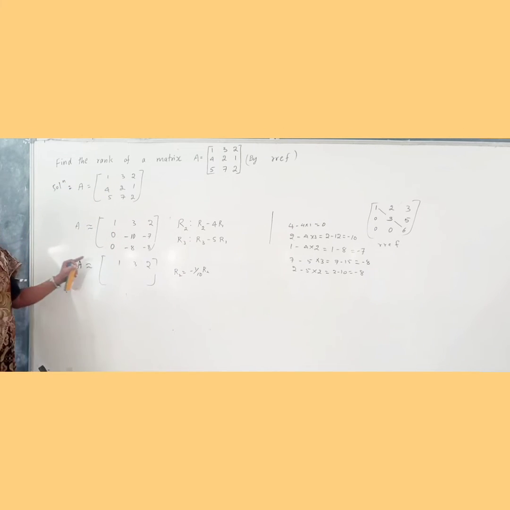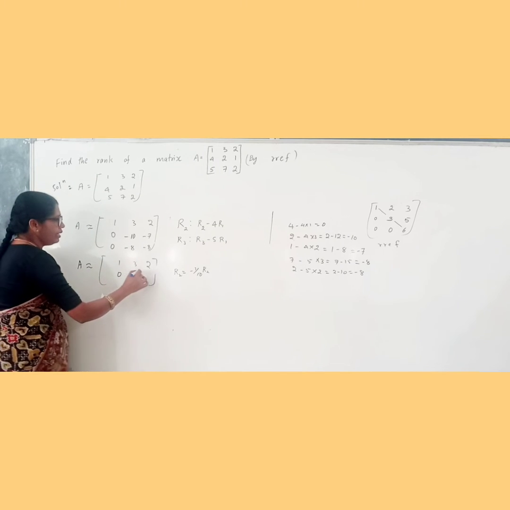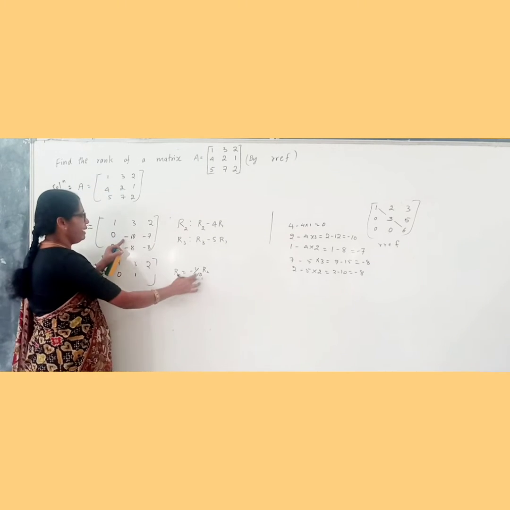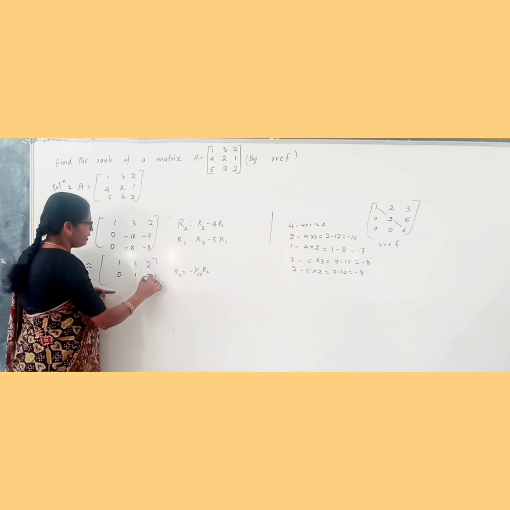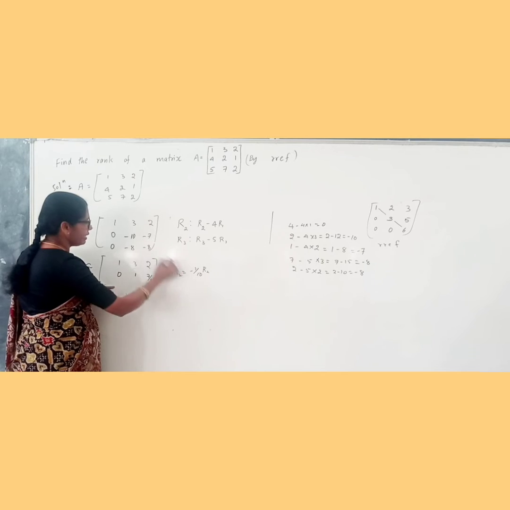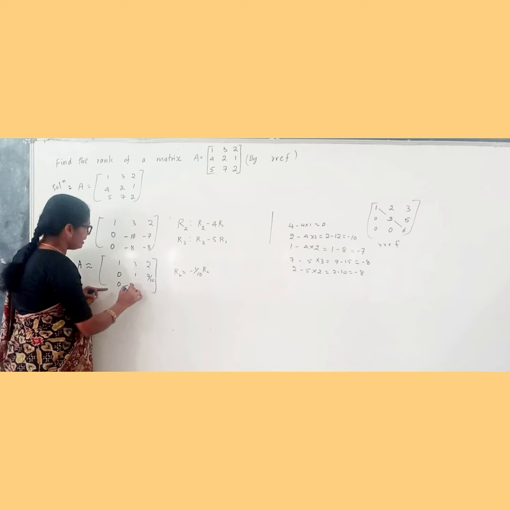So it becomes 0, 1, because minus 10 by minus 10 is equal to 1. Then it is 7 by 10, minus 10 cancels here. Then the next row as it is we will take.